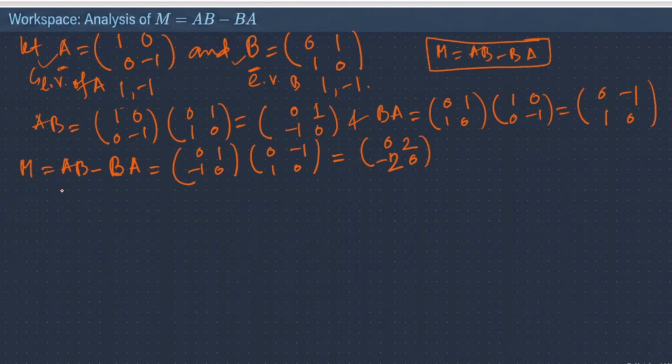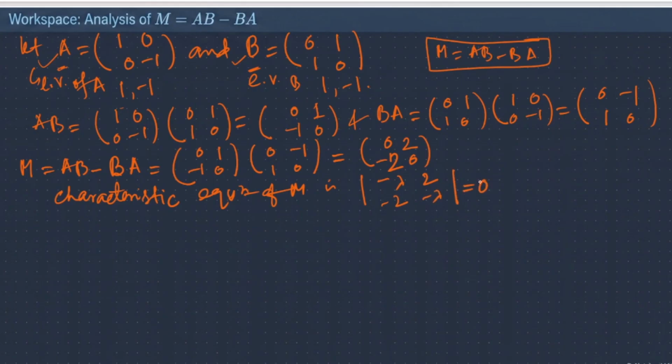Now the characteristic equation of M is the determinant of minus lambda, 2, minus 2, minus lambda equals 0. That means lambda squared plus 4 equals 0.